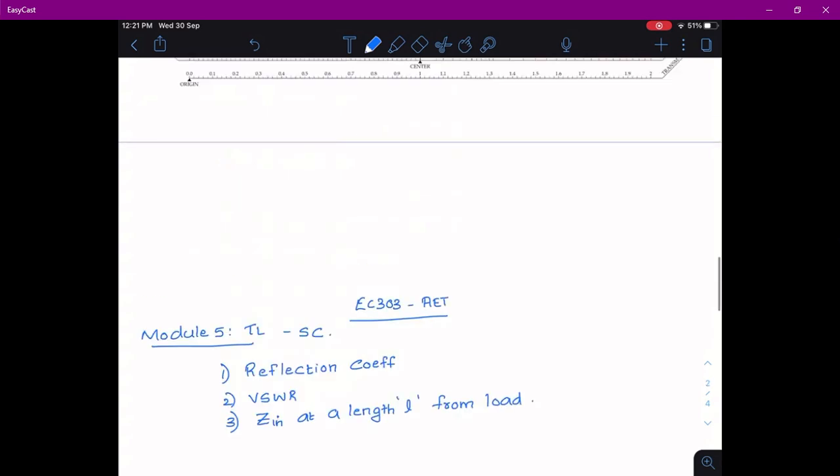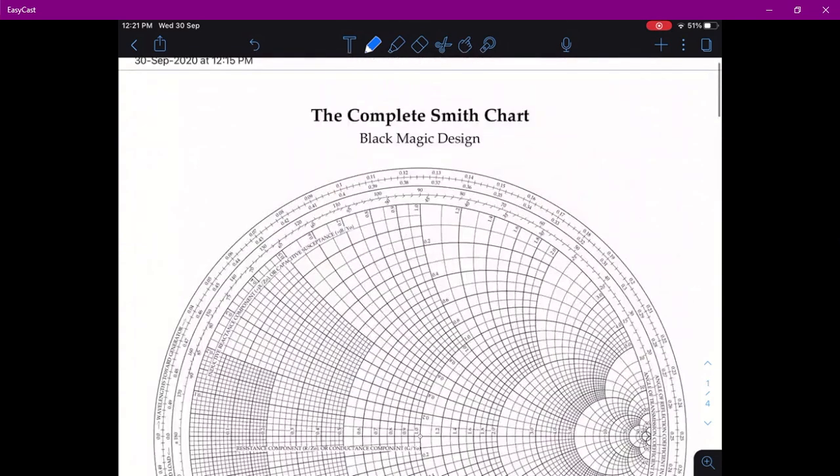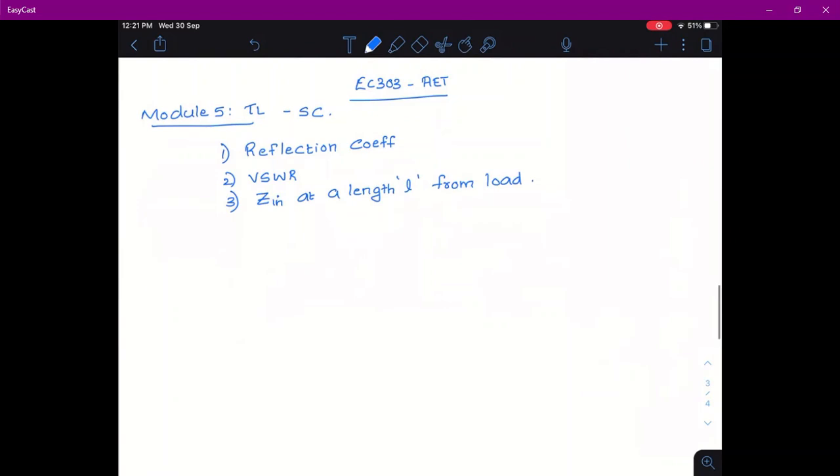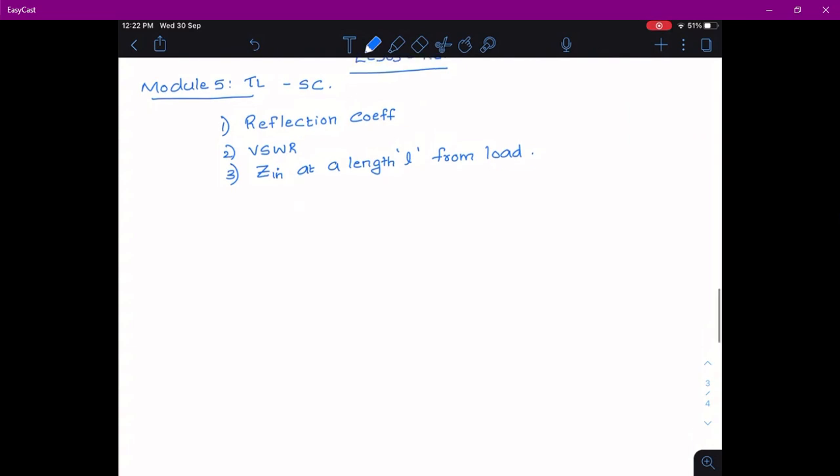Okay, so I have two Smith charts with me on top of this page, so we will look into how to draw different or mark the points and find these values as we move on. Okay, fine. So in order to explain each of them, we need to make use of the equations we currently have with us. Okay, so let's look at first the reflection coefficient.